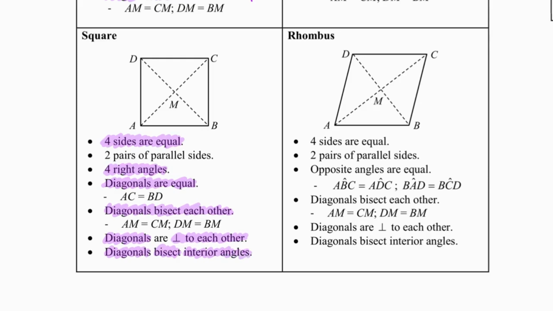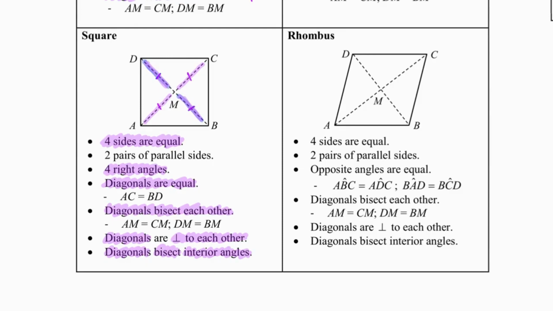So basically, if I go over to the diagram side, AM and MC, same. DM and BM, same. And because they are all equal to each other, they are all the same.